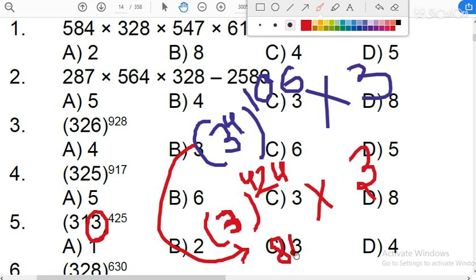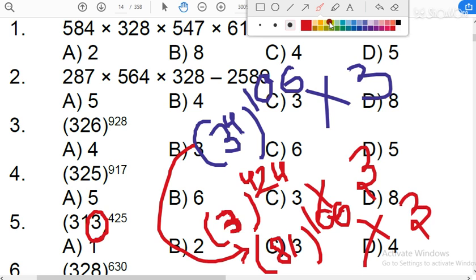So 81 raised to the power 106. Students, why am I doing it? Because it will simplify it. Now 81 raised to the power 106 will give me unit place 1, and I have to multiply it with 3. So you can see here its unit place will be 1. So 1 multiplied with 3, that means for the question 313 raised to the power 425, the unit place will be 3. So 3 will be the answer for this question.